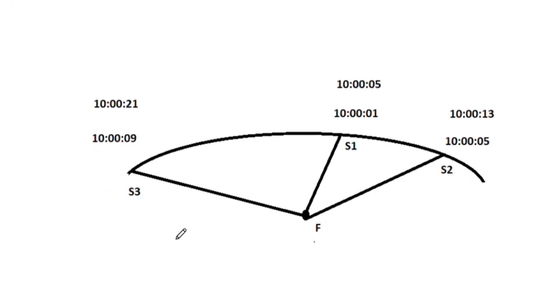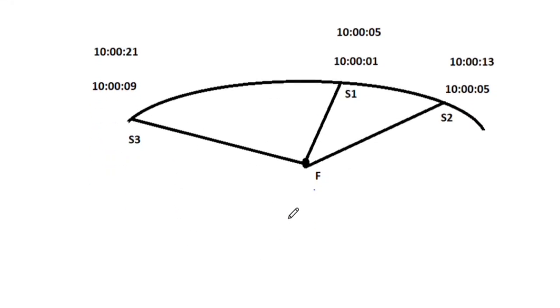Let us also assume that the earthquake took place at time 10. It is not given in the question, but we are assuming that the earthquake took place at 10 o'clock. Then the P wave took 1 second to reach station S1 and the S wave took 5 seconds to reach S1.